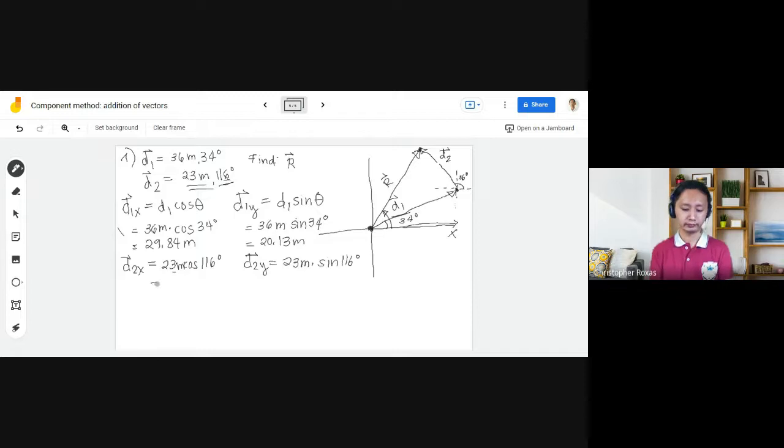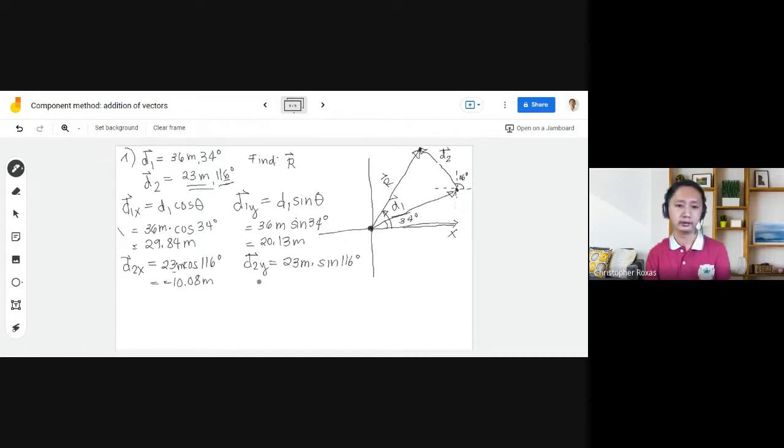Okay, so let's compute. 23 times cosine 116. You got negative 10.08 meter.